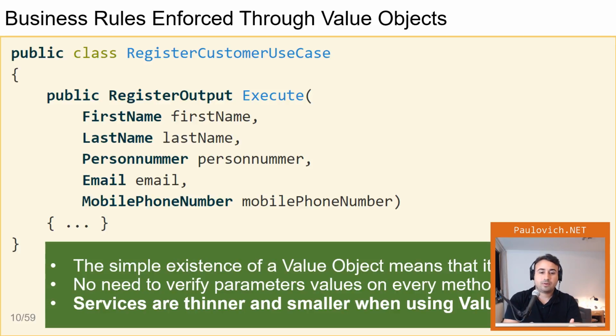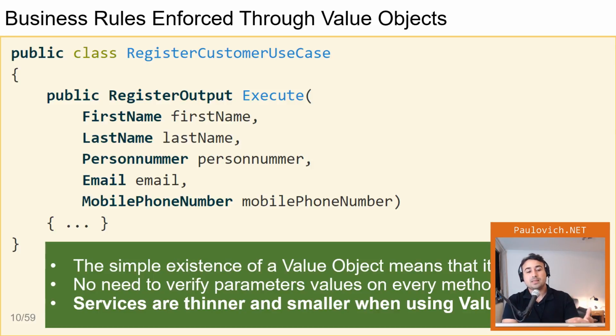So the first thing is that it's harder to swap one parameter with another. So it's more clear what an argument does.